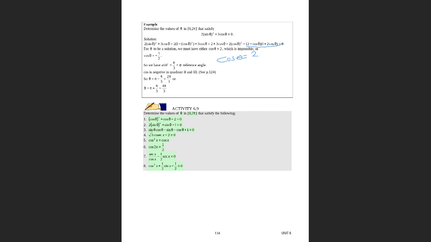The second one, we are going to have cos theta equals minus half. So my question is, why can't we use this one? This one has not got a solution. My question is why?